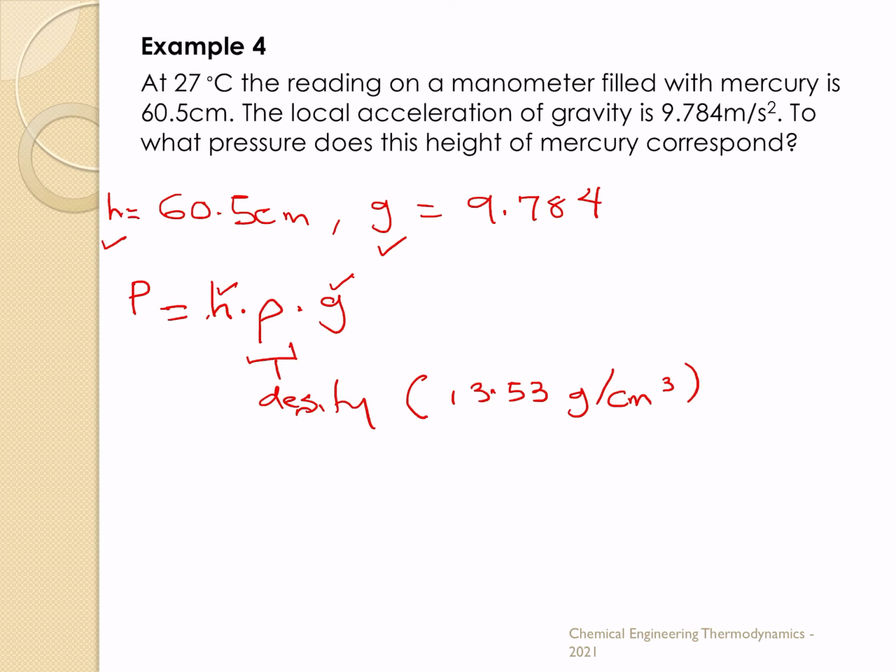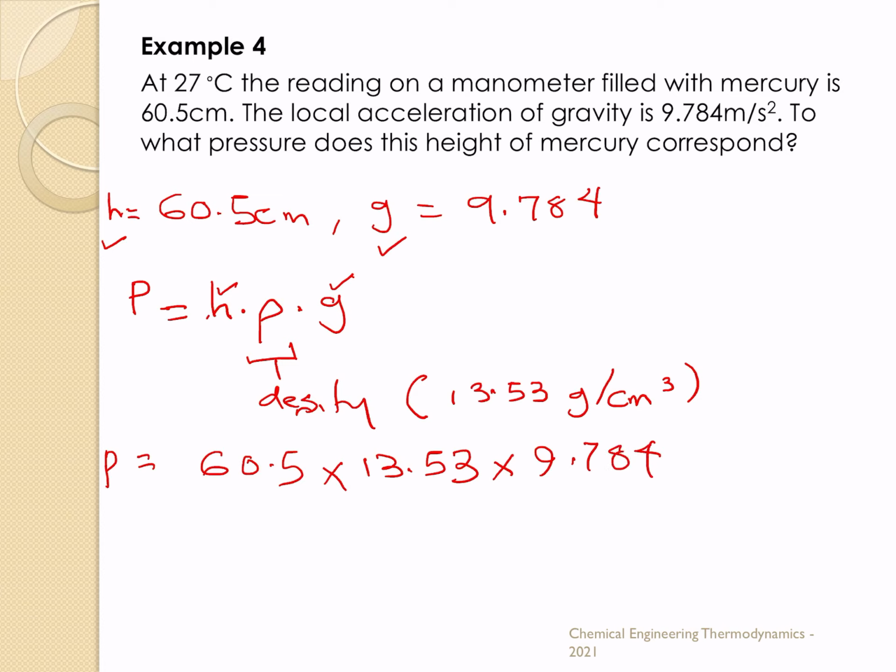So if we plug everything in, our pressure equals height 60.5, density 13.53, and G 9.784.